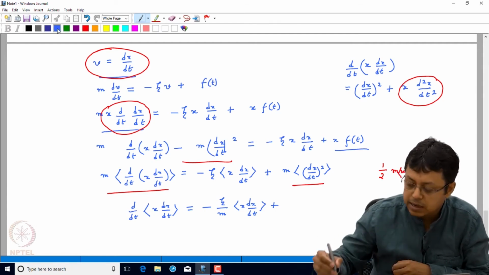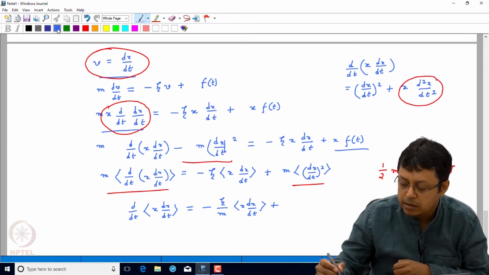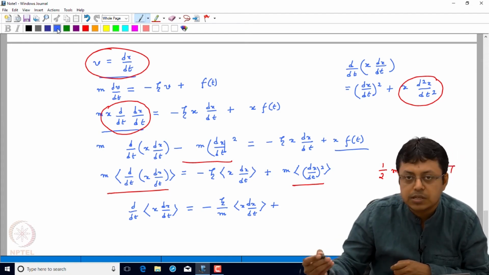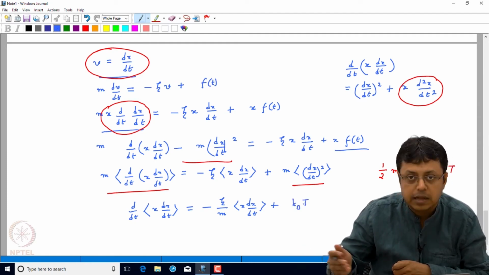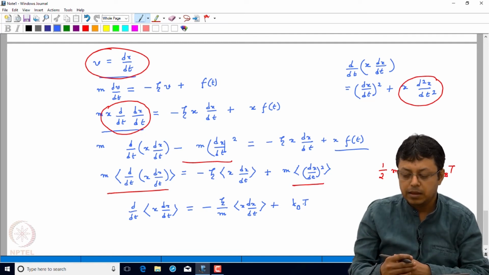So the average kinetic energy is half k_B T. So twice the kinetic energy, which is basically m times the average v squared, is basically k_B T, and I'm not writing the m because I have divided both sides by m.